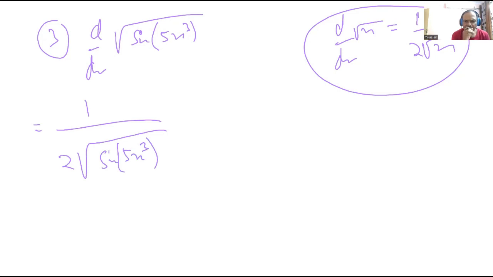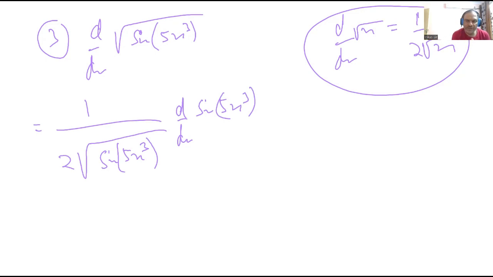Fine. But sine 5x cubed is not an x. Therefore, we have to differentiate it. Now, here this is d by dx of sine 5x cubed. Now, we can assume 5x cubed to be x. And we have a parent function as sine x.